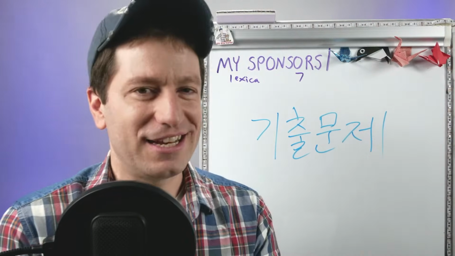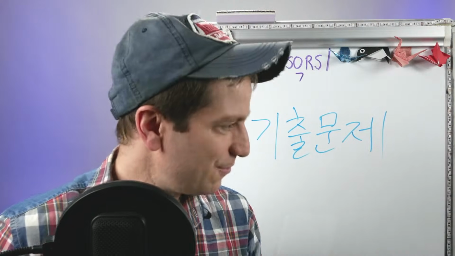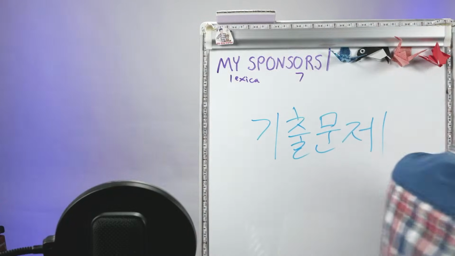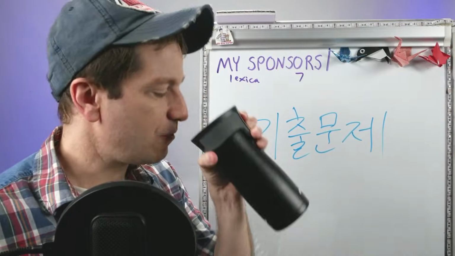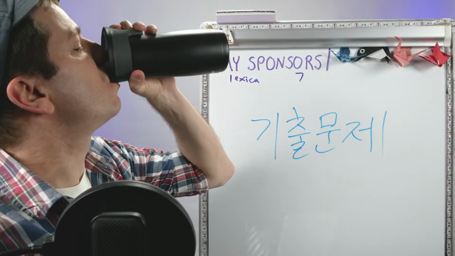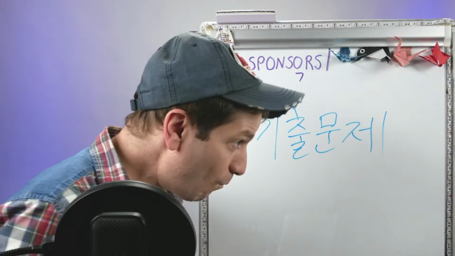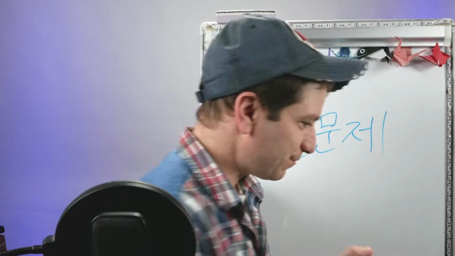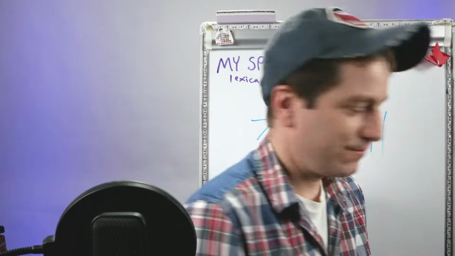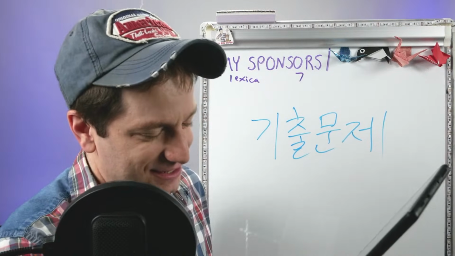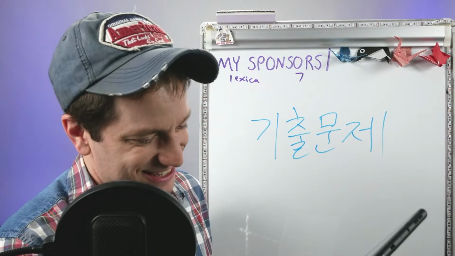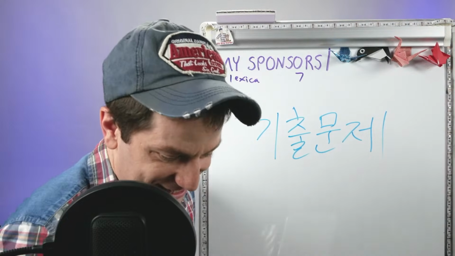I'll give you just 1 minute before I go to the next one. Let's see, how are we on time? 21. Okay, let's see. 20 seconds. 20 seconds. I'm going to start writing it.